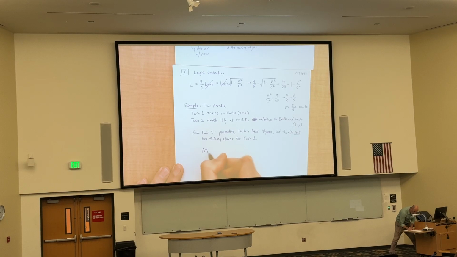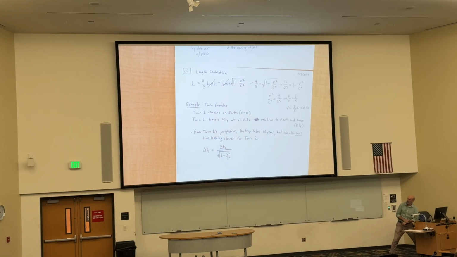So delta T1, which is the amount of time that passes according to twin 1, is equal to delta T2 divided by the square root of 1 minus v squared over c squared. And delta T2 here is the time that twin 1 sees ticking off on the clock of twin 2's spaceship.